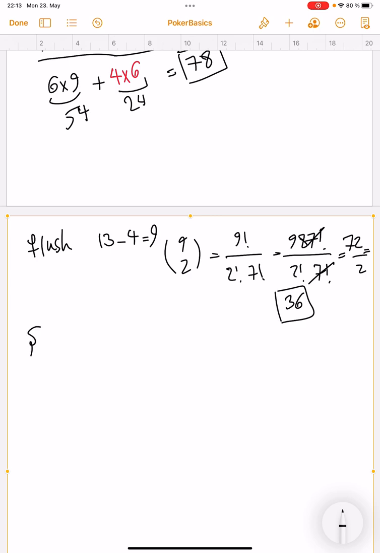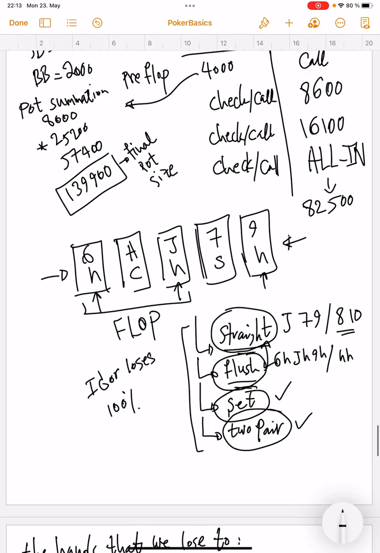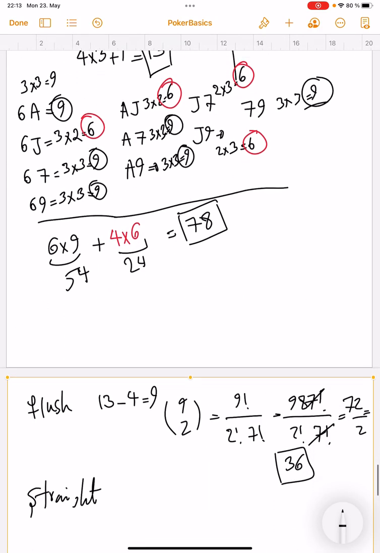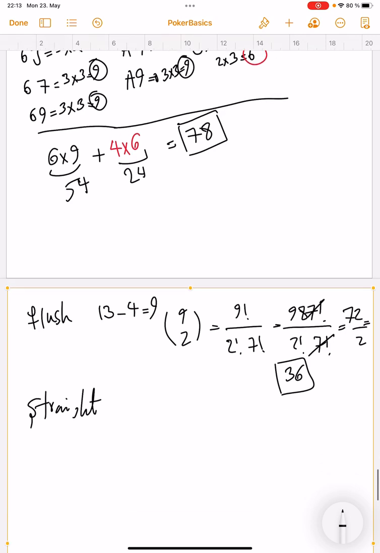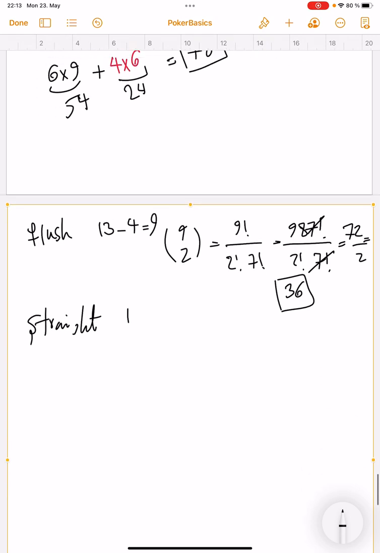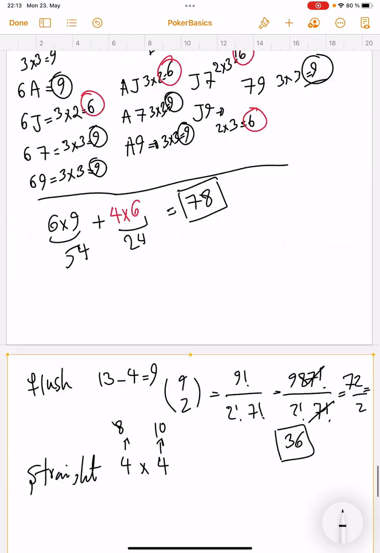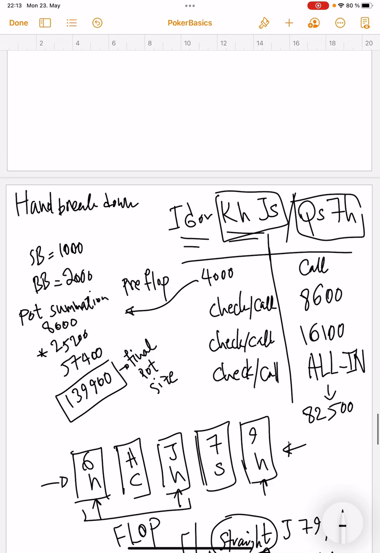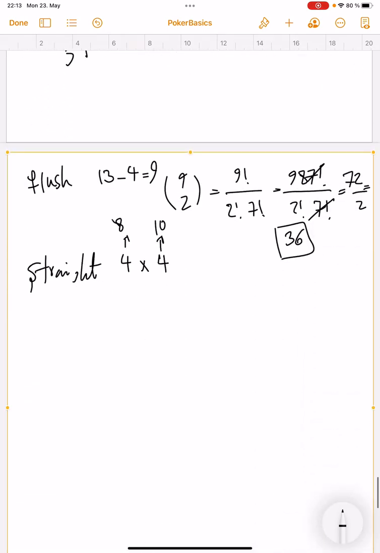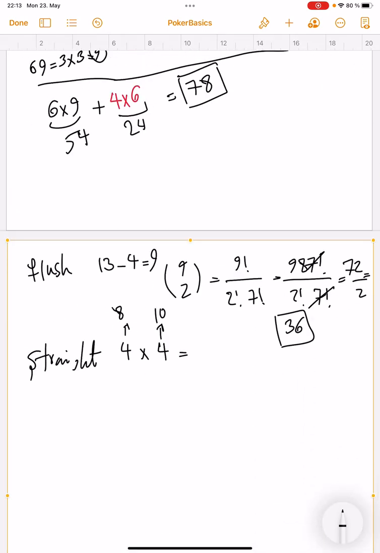And now we go to the possibilities of straight. You know that 8 and 10 will make a straight. So how many 8s do we have? 4 8s. And we also have 4 10s, because we don't have any 10 or 8. We have king and jack, right? So there will be 16 combinations here.